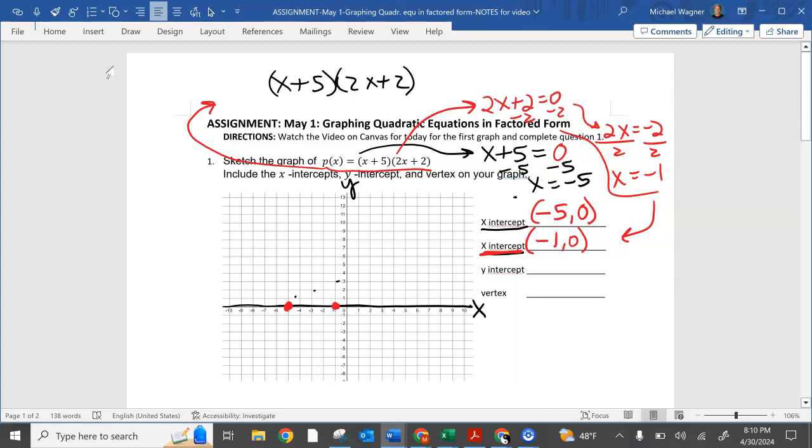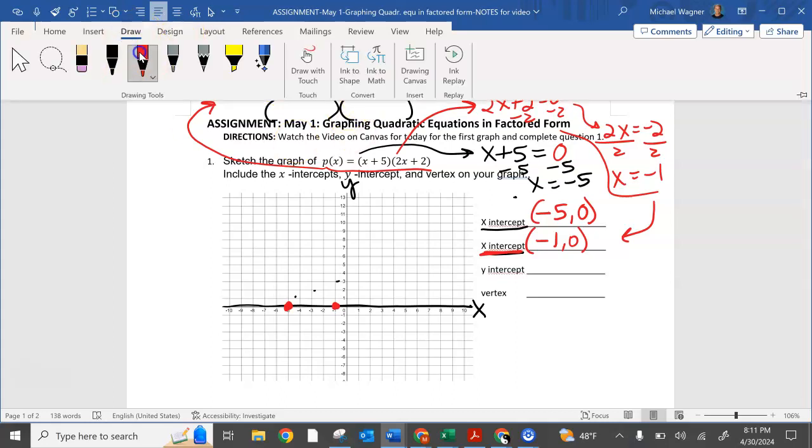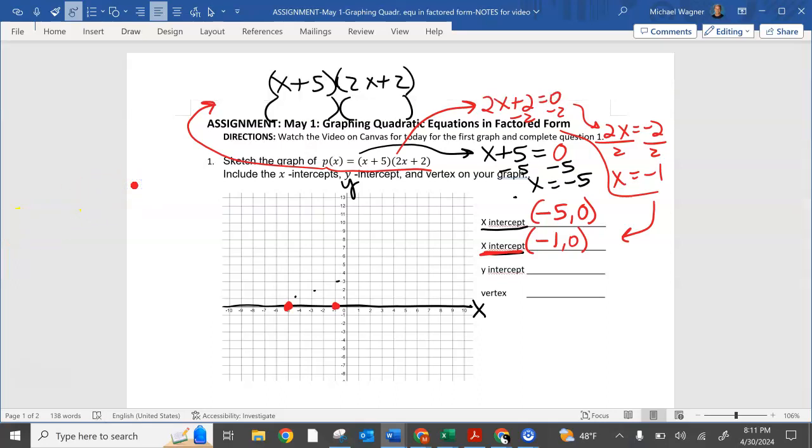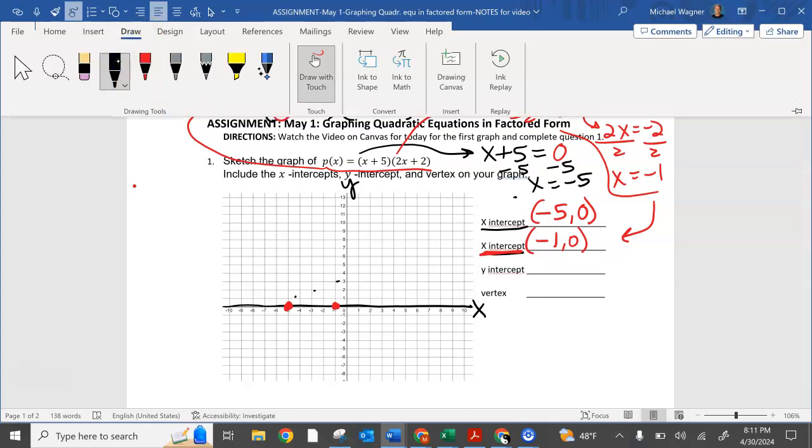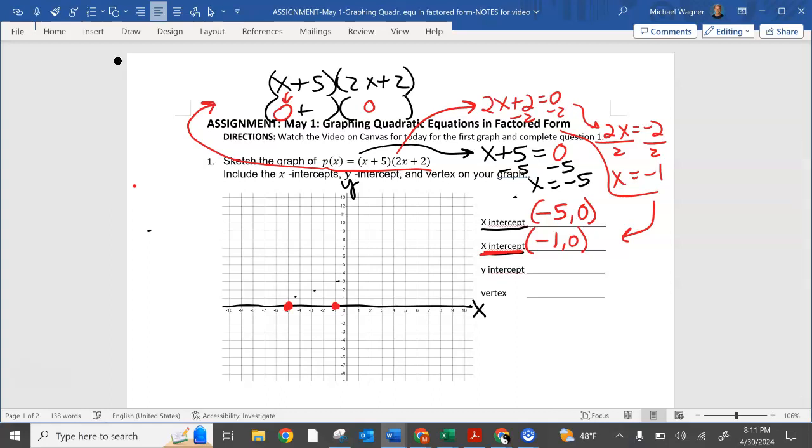And then I'm going to write it again, but now for the x, remember I substitute in 0. So instead of x, we're going to put 0 there and 0 there. So then we go 0 plus 5, 2 times 0 plus 2, and then let's get our calculator.